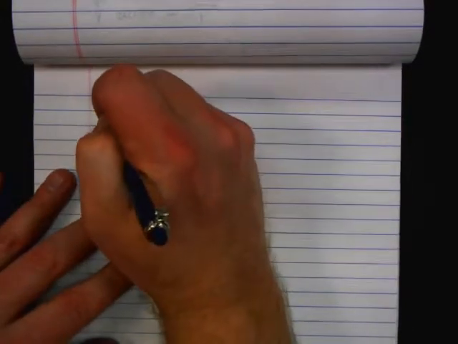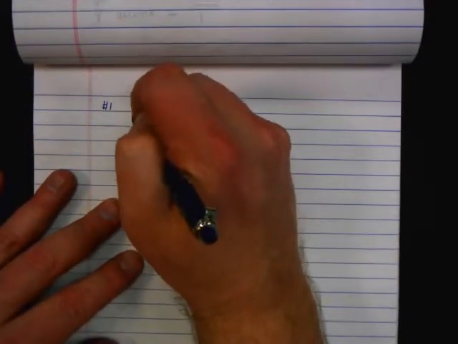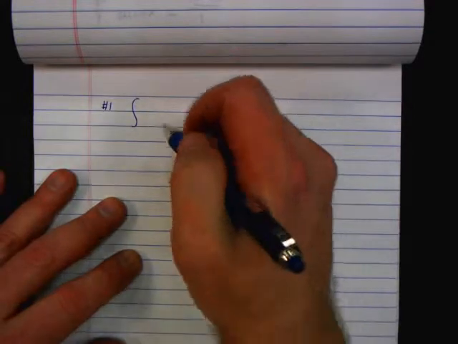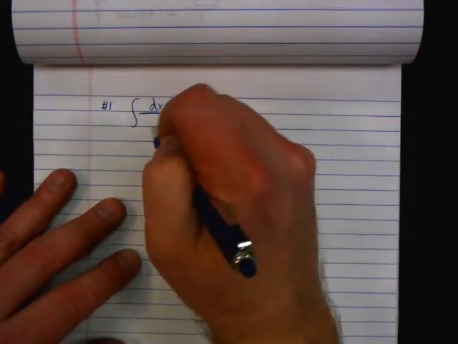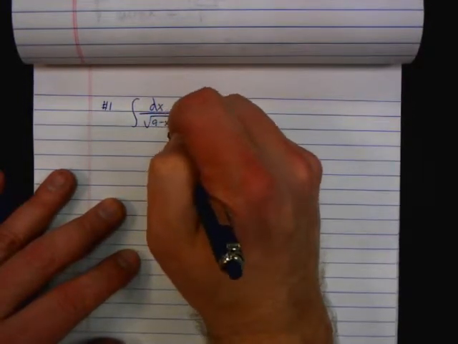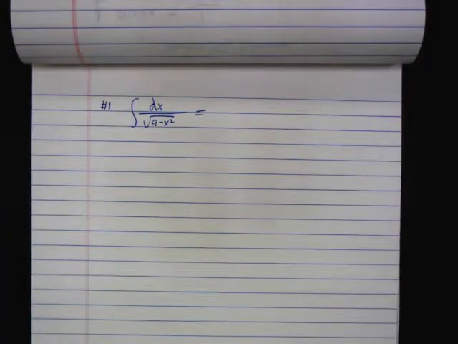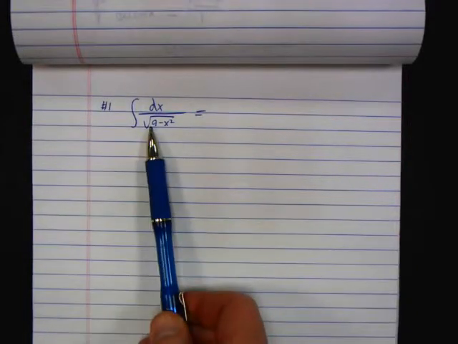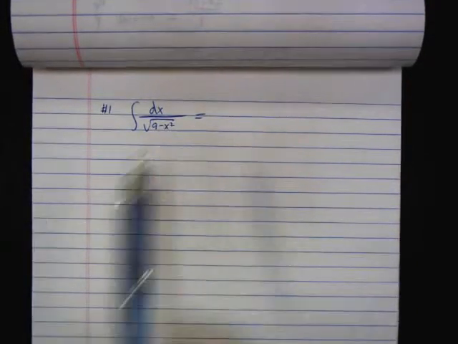Start right with the beginning here. This is number 1. The integral of dx over the square root of 9 minus x squared. Does that fit into one of our patterns? That fits into the arc sine pattern, because the arc sine had a squared minus x squared.